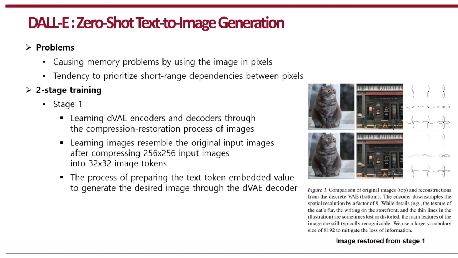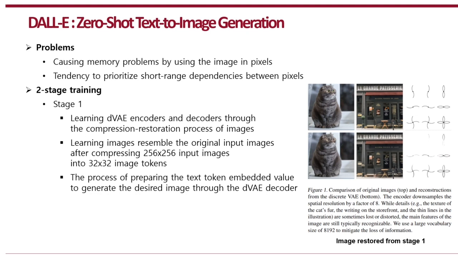In stage 1, the dVAE encoder and decoder are learned through the compression and restoration process of the image. The input image of 256 by 256 is compressed into 32 by 32 image tokens, and the reconstructed image is learned to be similar to the original input image.